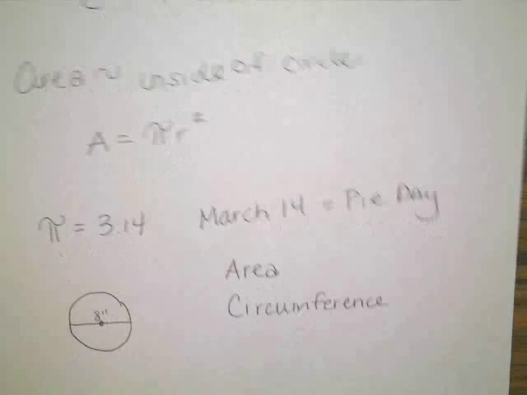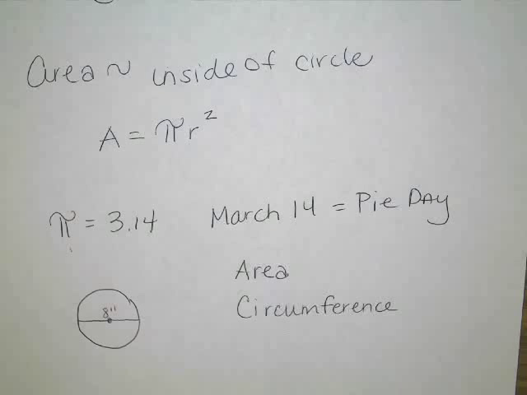So that's 8 inches across. We'll start with area. First thing we have to decide is what? If we know our diameter is 8 inches and we are using this equation, what do we have to find? Very first. What, Max? The radius.